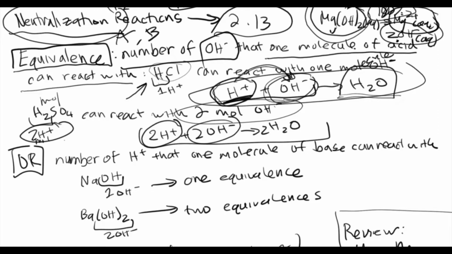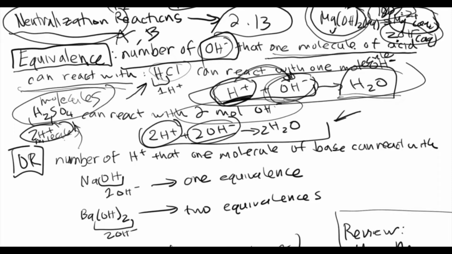So, in this case, we have to think about what we're looking at. We're looking at the equivalence of this. Remember, equivalence is the number of OH- that one molecule of acid can react with. So in this case, one molecule of acid, so let's just say this is molecules again to simplify things. One molecule of H2SO4 has 2 molecules of H+, and 2 molecules of H+ can react with exactly 2 molecules of OH- according to the reaction.